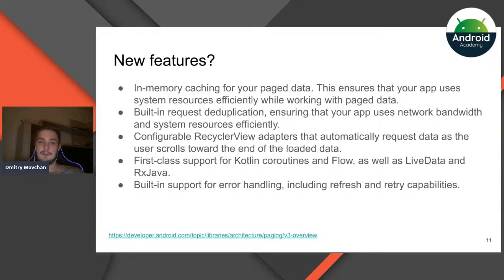Also, if you're like me, still in love with RxJava, you can simply add a dependency on the library that will help you to produce observable or flowable streams. Also, we have some built-in support for error handling and loading states. Today we will see it.